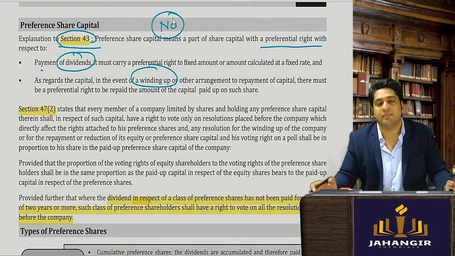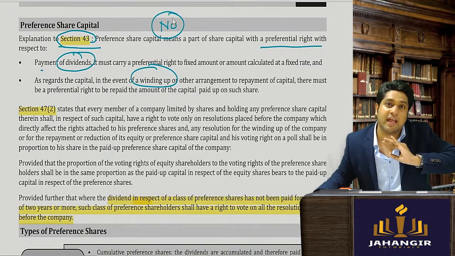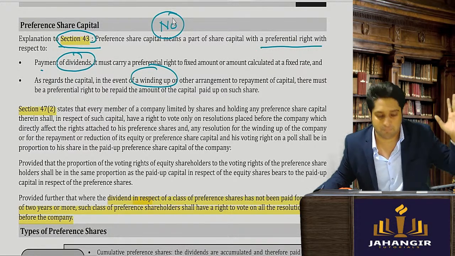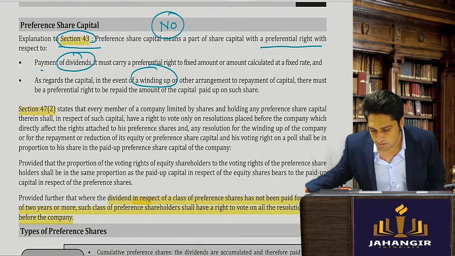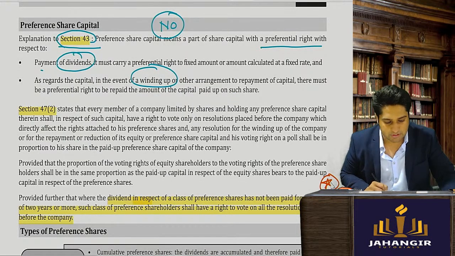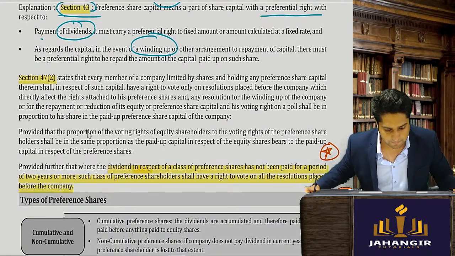At which point of time can preference shareholders vote on every single matter that has been put up? So the answer is when there have been two consecutive defaults. Here the answer is dividend.